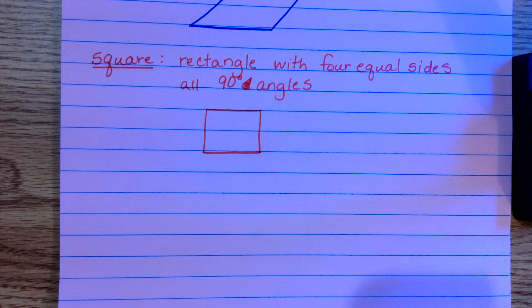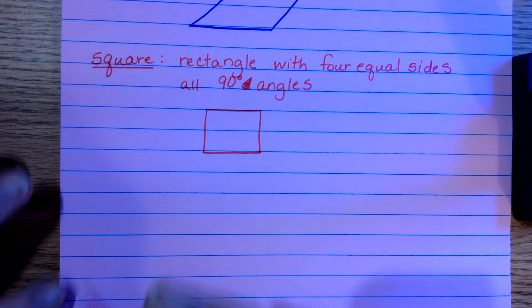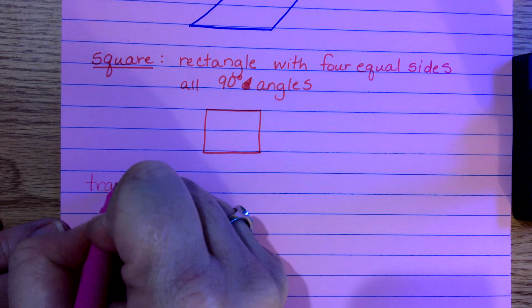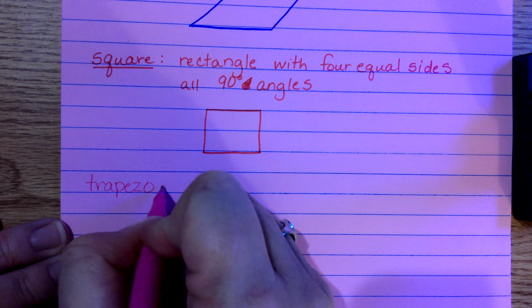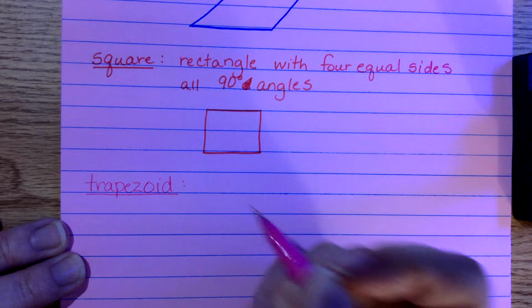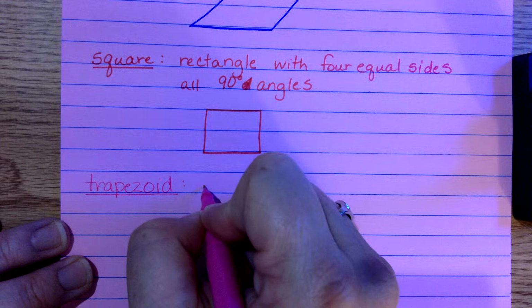Okay. Finally, last but not least, we're going to talk about a trapezoid. A trapezoid is a quadrilateral.